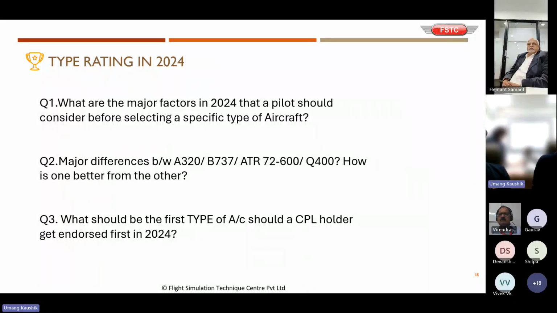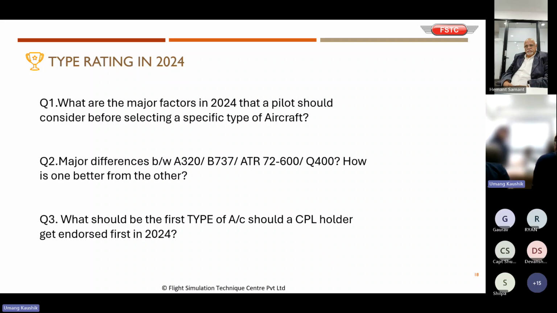Either you start immediately or you wait for a couple of months. Type rating is basically a license for you to appear for a job. How soon do you want a job? How soon do you want to be capable of being selected by a company? Your decision. The sooner you want, the sooner you start.